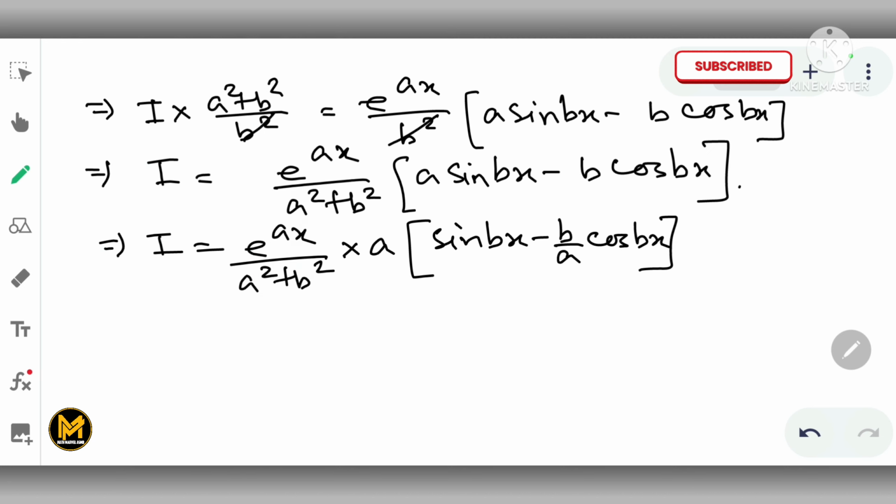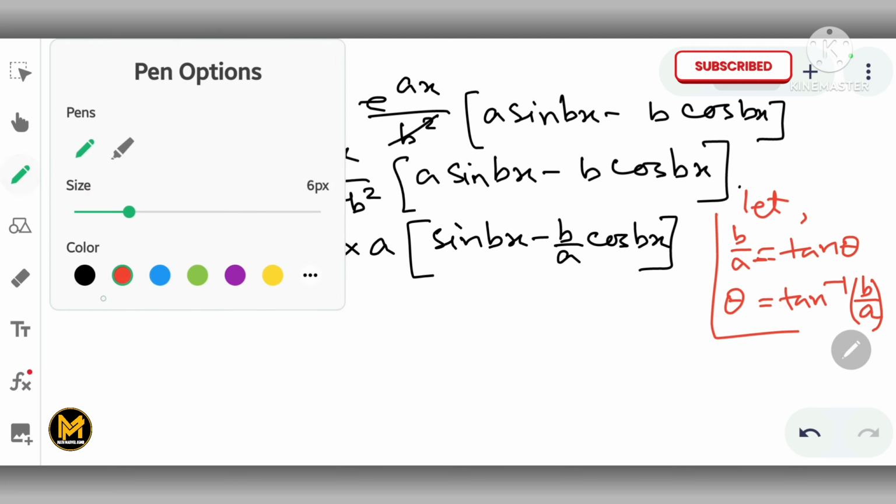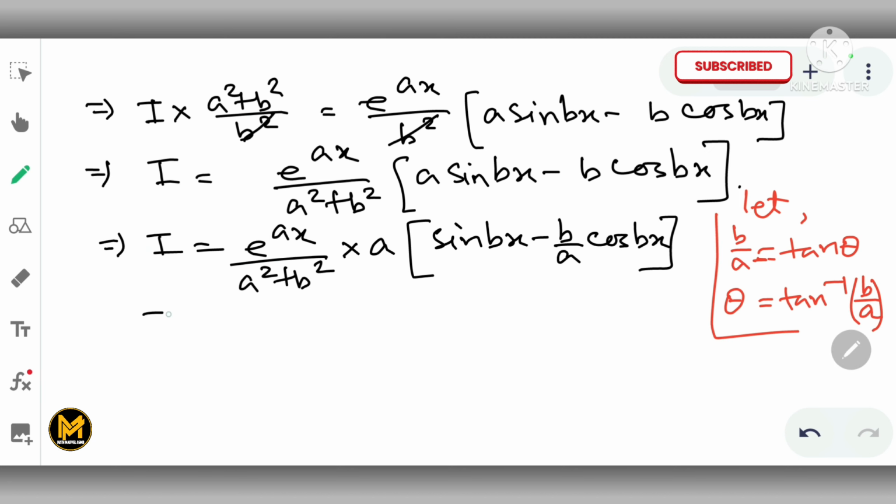Now we let b by a equal tan theta. If so, then we will get theta equal to tan inverse b by a. Keep it in hand and we will utilize it further. Now I is equal to e to the power ax divided by a square plus b square into a.